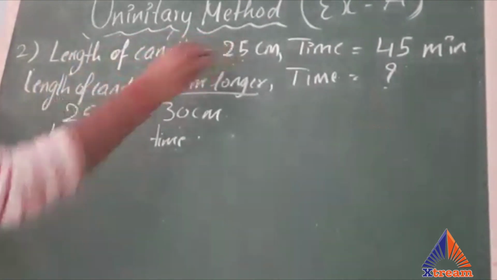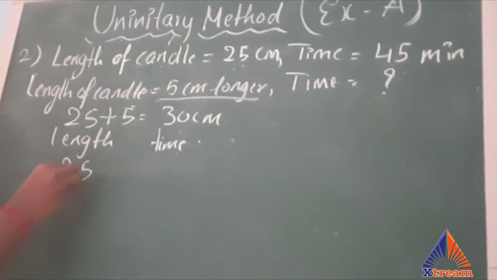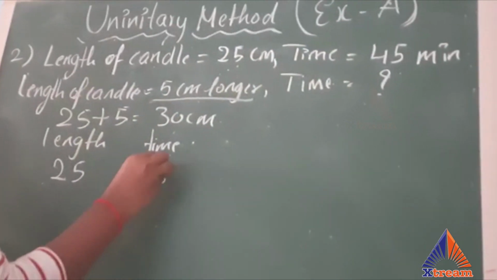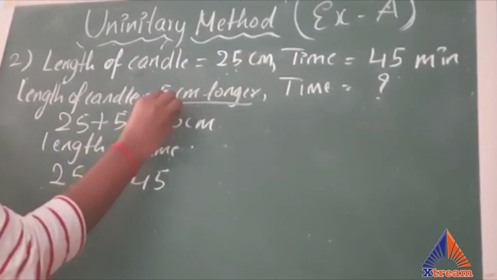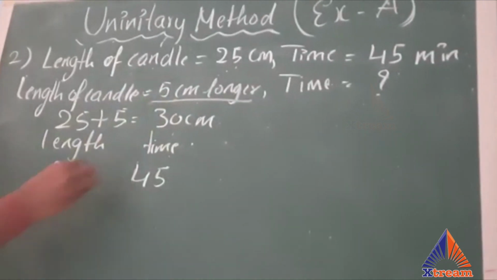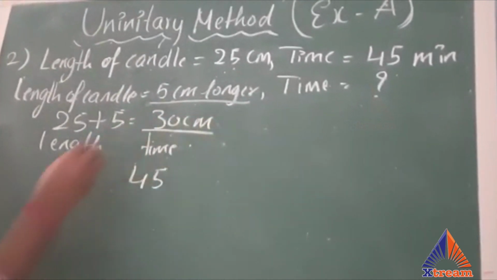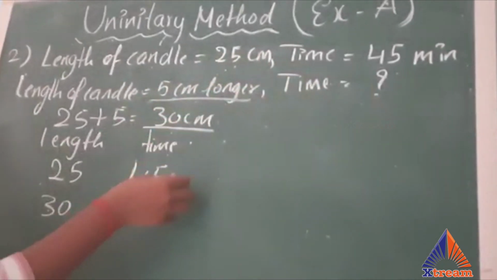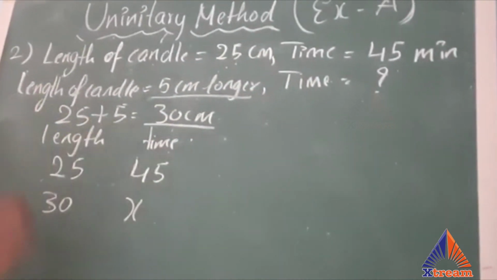Length here is 25 centimeters, that is, a 25 centimeter candle will burn for 45 minutes. And next, don't write 5 centimeters for the second quantity, it's 30 centimeters. How much time will it burn? We need to write x as we don't know the value.